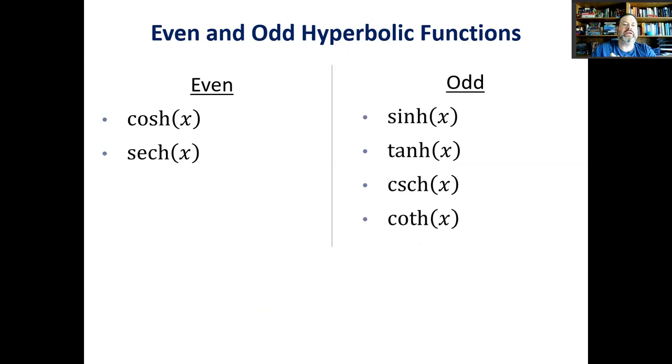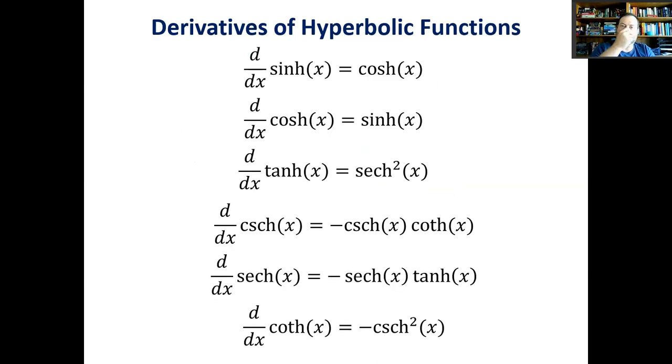Oh, even a non-hyperbolic functions. So this is just to follow up with stuff we did earlier in the class. And this is going to help us with derivatives, right? So remember, the derivative of an even function is odd, the derivative of an odd function is even.